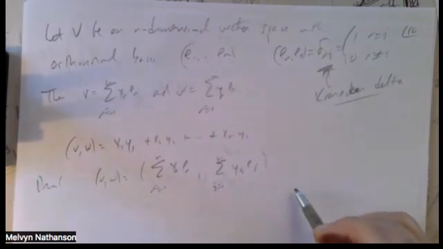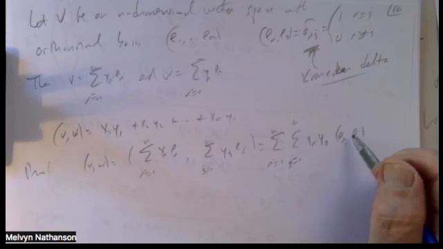When I expand this by bilinearity, I get a sum over all i and j from 1 to n of xi yj times the inner product of ei and ej. But this is 0 except when i equals j, and then it's equal to 1. And when i equals j, you just get the summation of xi yi, i goes from 1 up to n. This is the standard inner product, x1 y1 plus x2 y2 up to xn yn.